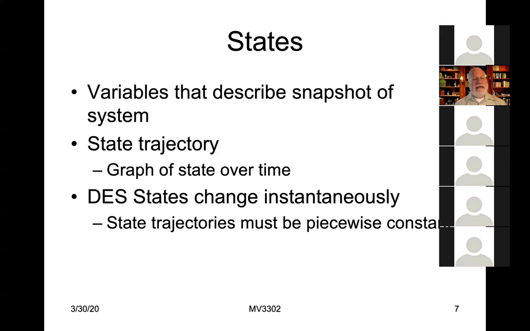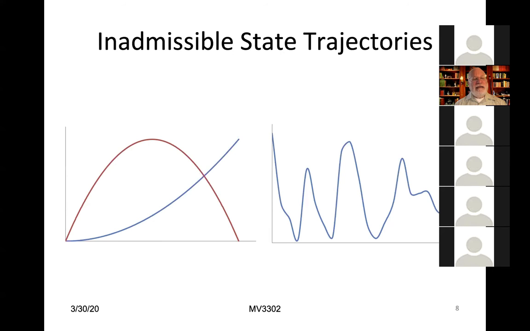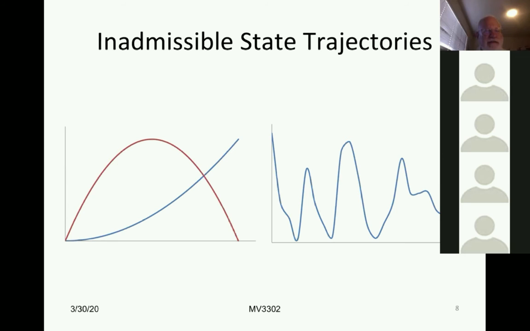Now, the discrete event states change instantaneously, and that means that the state trajectories must be piecewise constant. So what are some of the implications for that? Well, one of the main implications is that there are many, many state trajectories that are inadmissible. Here are 3 examples. On the left, in blue, we have this exponential curve that we've been hearing a lot about lately. And then the red is a parabolic curve.